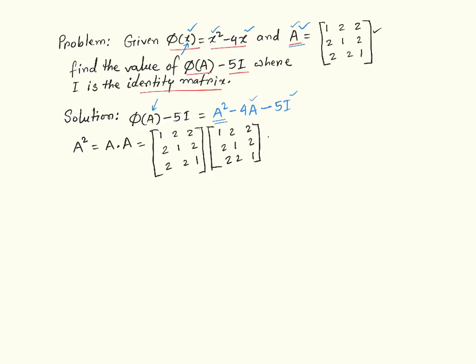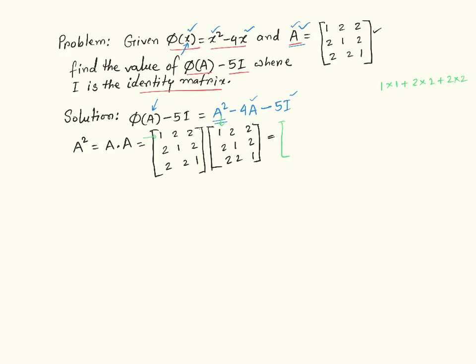So what I am going to do, I'm just going to do the usual matrix multiplication. Take the first row and multiply it by the first column to get the first entry. Let me do it on the side for your understanding. I'm going to have 1 times 1 plus 2 times 2 plus 2 times 2.